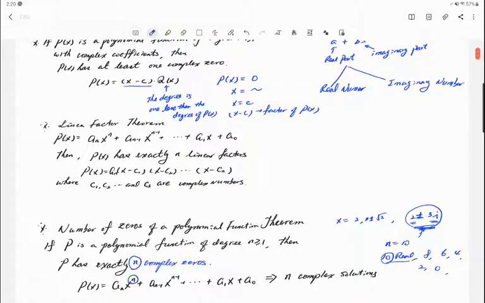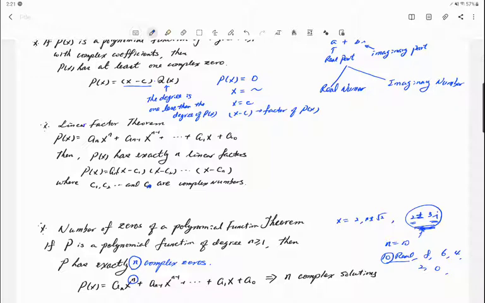All right, so the linear factor theorem means, let's say there are exactly n complex solutions, complex zeros. So if you make it a factor, then it will be x minus c1, c2, and so on. Let's say c1, c2, and cn are complex solutions.